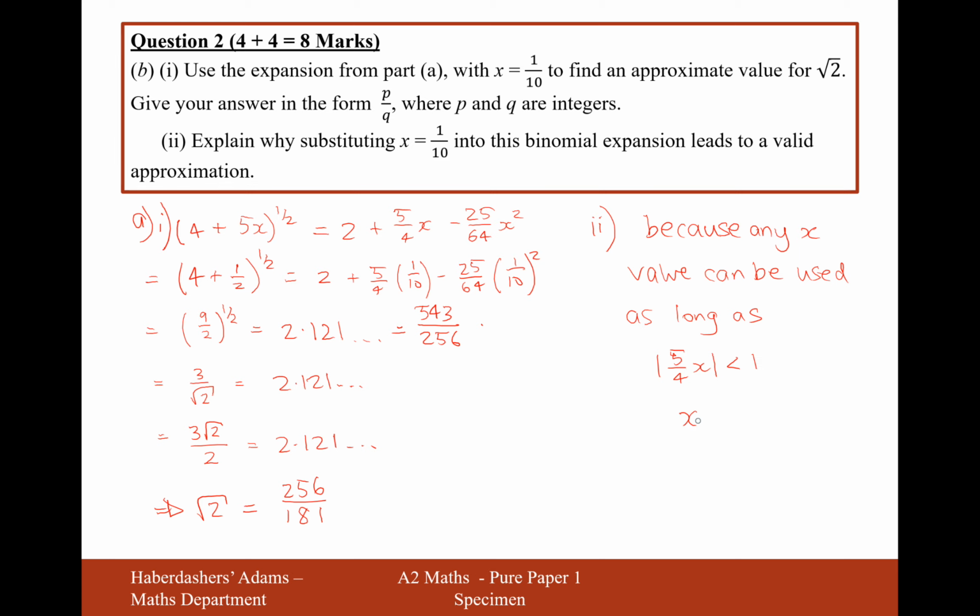In other words, if we multiply by 4 and divide by 5, any x value can be used as long as the modulus of x is less than 4/5, which it definitely is. x equals 1/10 satisfies this.